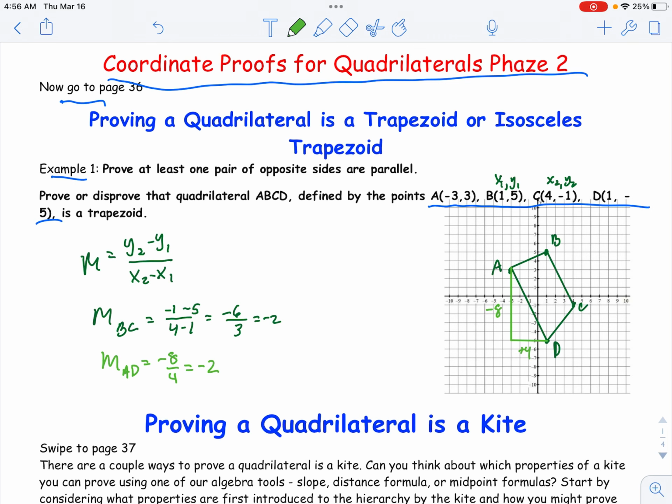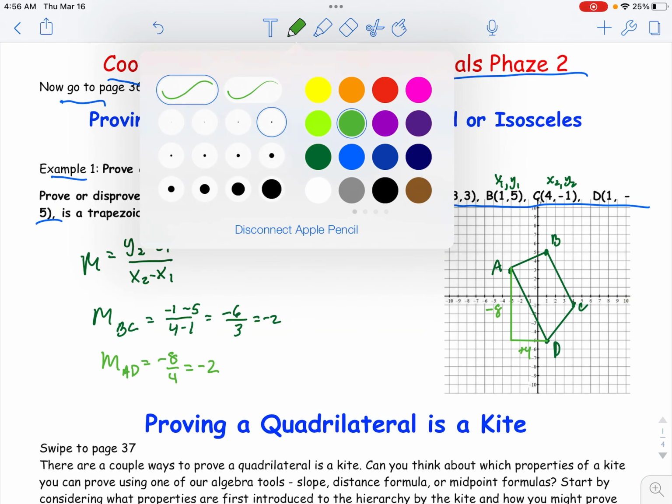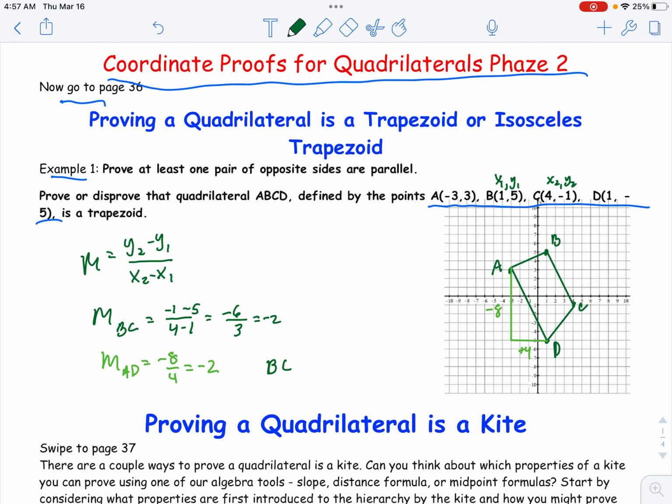Down 8 over 4, negative 2. So BC is parallel to AD. The slopes are the same. So that means that this side and this side are parallel. So that means ABCD is a trapezoid.